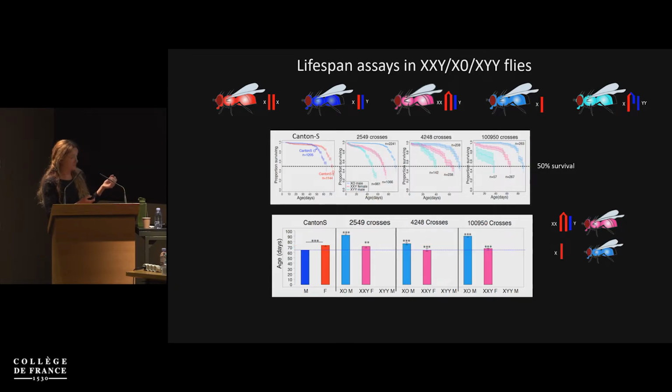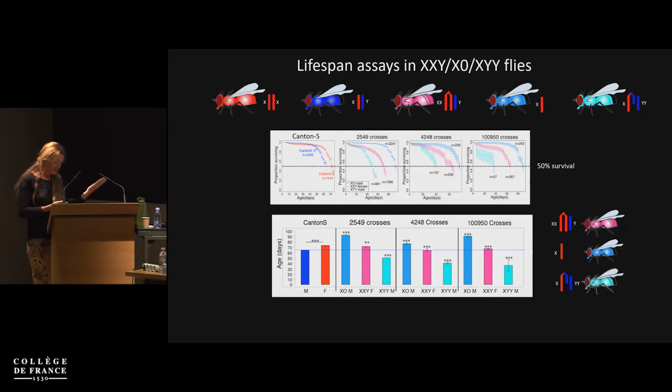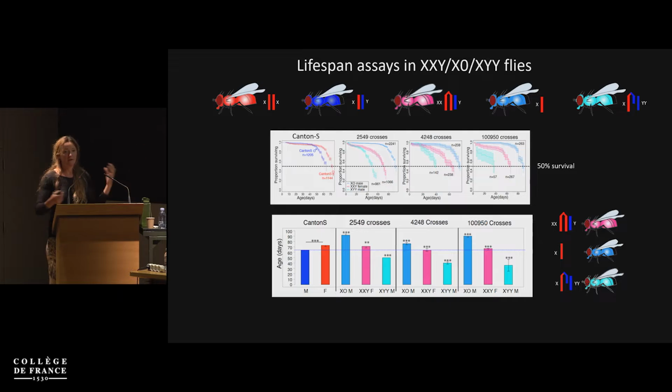On the other hand, if you have males that don't have a Y chromosome, so the X-nought flies, every time their longevity is significantly increased, it's much higher than wild-type males, and it's actually higher than wild-type females in most cases. And finally, if you make males that have 2 Y chromosomes, those guys die very early on, so they have dramatically decreased survivorship.